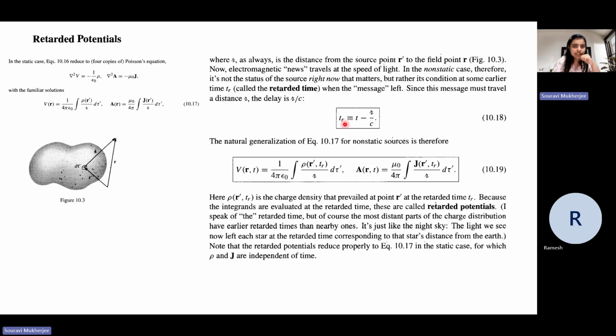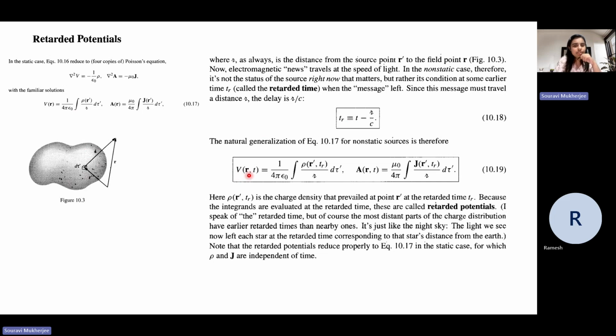So if you have a non-static situation where at your source things are changing with time, these expressions will now get modified. How?